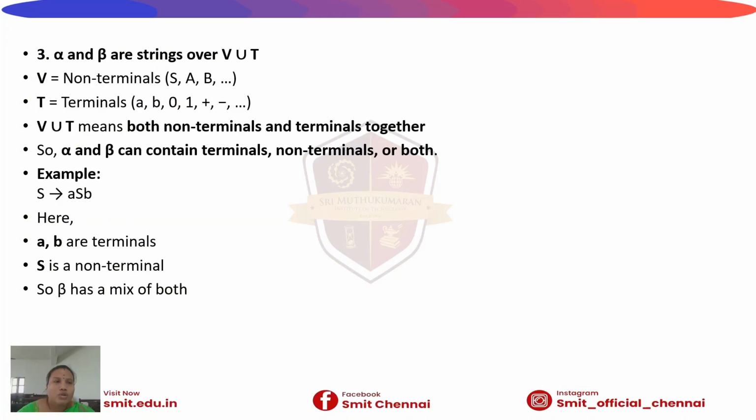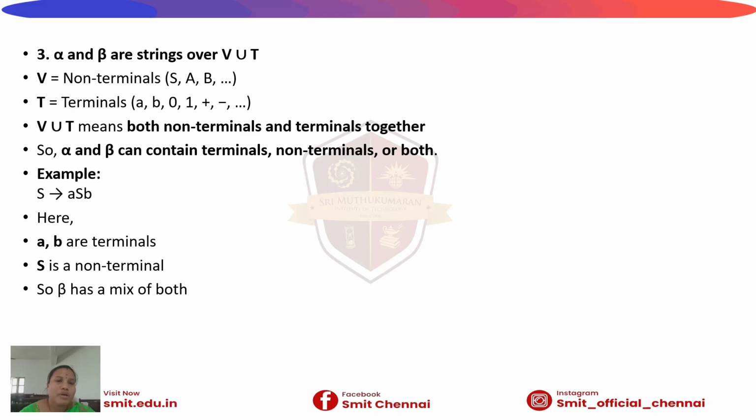The third rule is that alpha and beta are strings over the union of variables and terminals. Variables are also called non-terminals, for example A, S, B. Terminals are also small letters a to z, numbers 0 to 9, and operators like plus, minus, multiplication and so on.